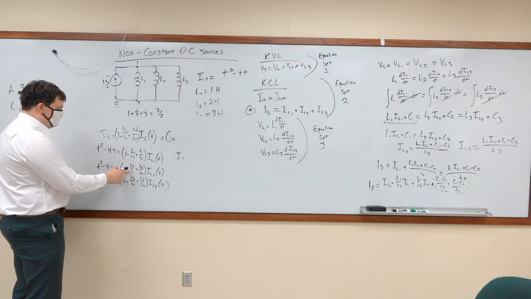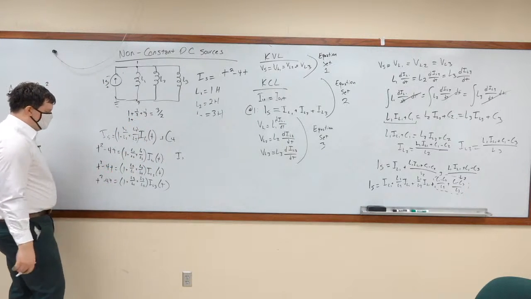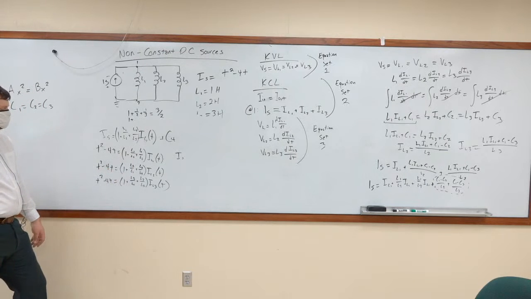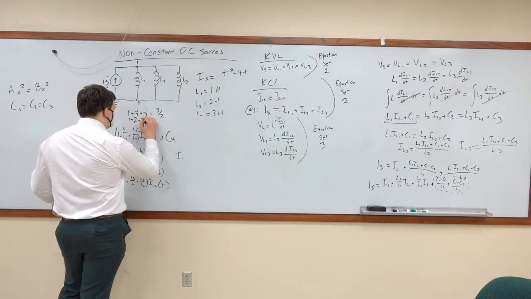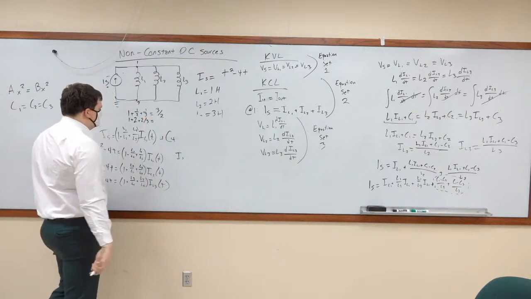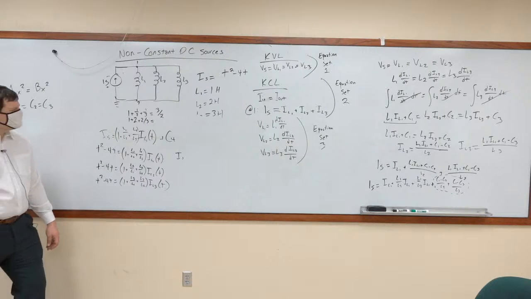Okay, and then down here, this is 1 plus 2 plus 2/3. 2 plus 2/3 is equal to 3 2/3, which is equal to 11/3.